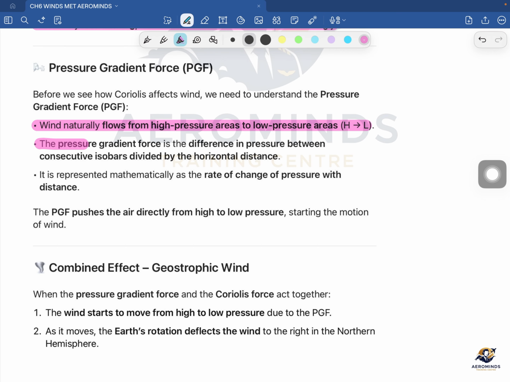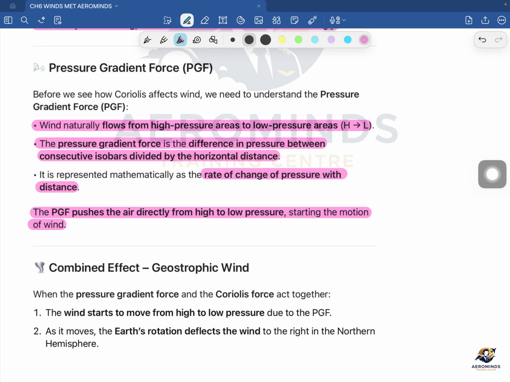The pressure gradient force is the difference in pressure between consecutive isobars divided by the horizontal distance, and it is mathematically represented as the rate of change of pressure with distance. So remember this line also, and the PGF pushes the air directly from high pressure to low pressure, starting the motion of wind.